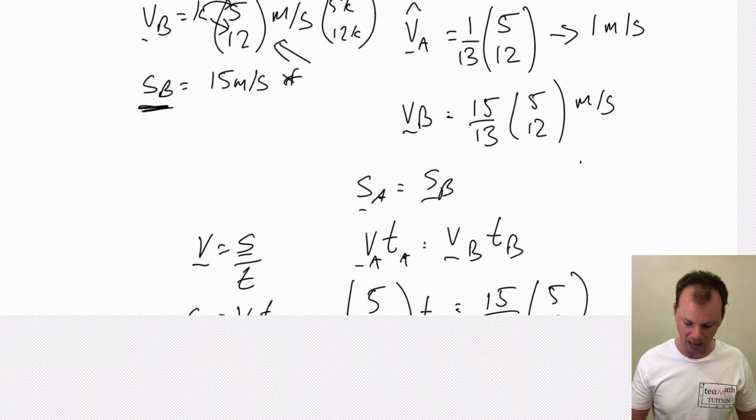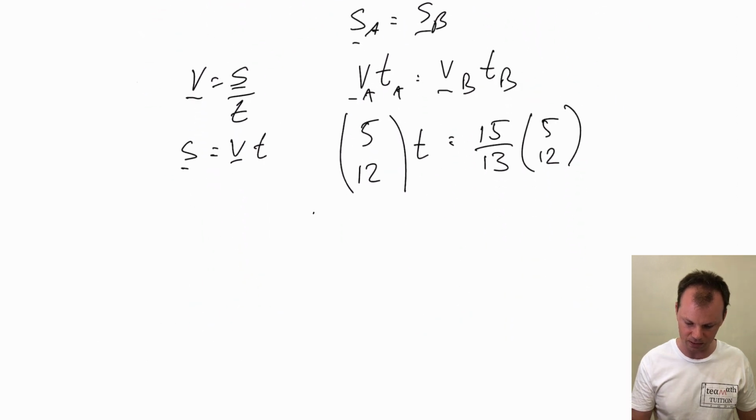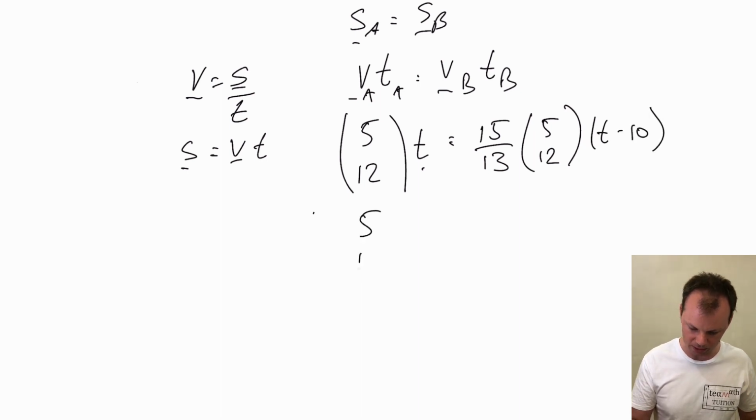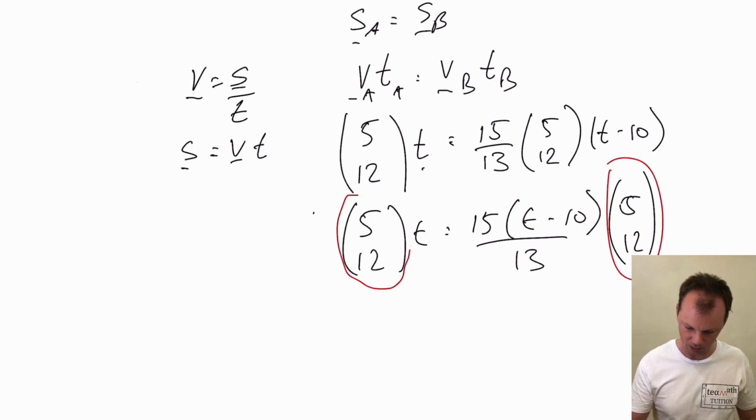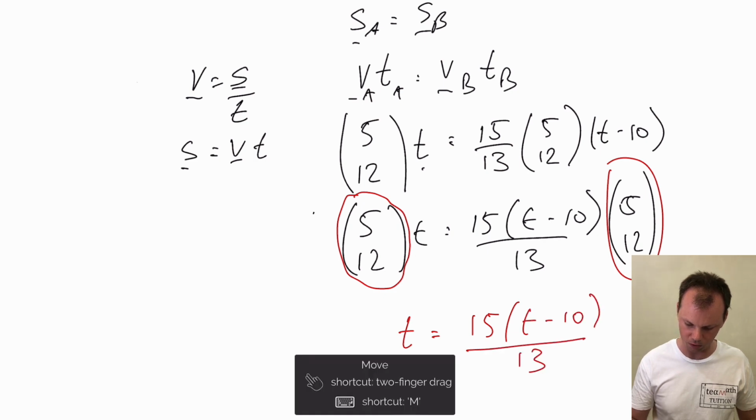So if A is traveling for t seconds, then B will travel for t minus 10 seconds. We can make this look a bit nicer: 15 times (t minus 10) on 13, times (5i + 12j). Now because these vectors are the same, and the left-hand side equals the right-hand side, that means that t must equal, and we can solve for t.